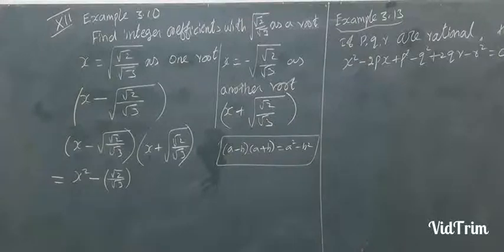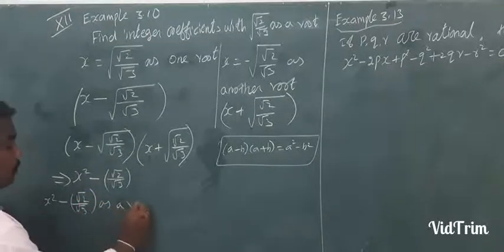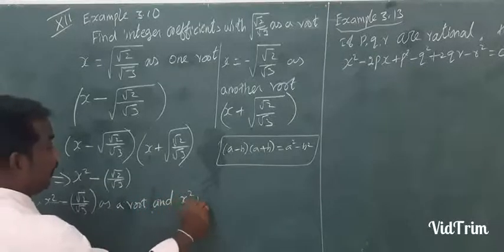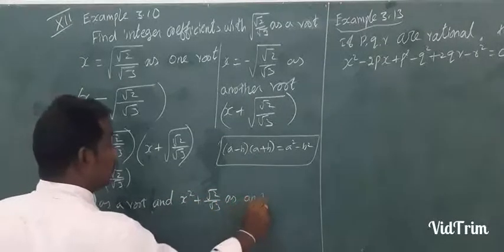But still we didn't get our goal, because they are asking for coefficients that are integers. So there is only one term, and we need more than one. Then I select another root: x square minus root 2 by root 3 as a root, and x square plus root 2 by root 3 as another root.